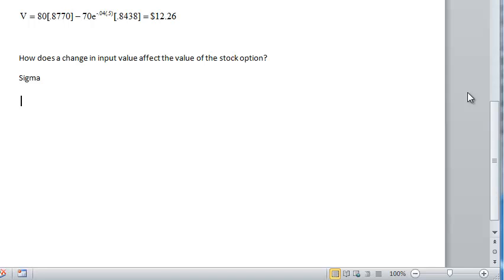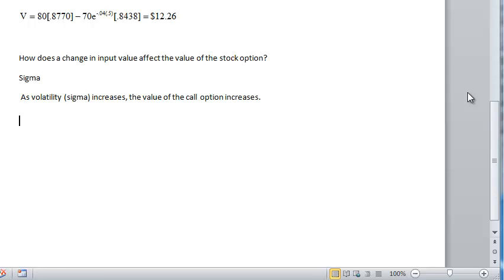So as volatility sigma increases, the value of the call option increases. And this is holding everything else equal, so we're not assuming that the stock price goes down with the volatility. If the stock price stays the same but the volatility increases, then the value of the option increases.